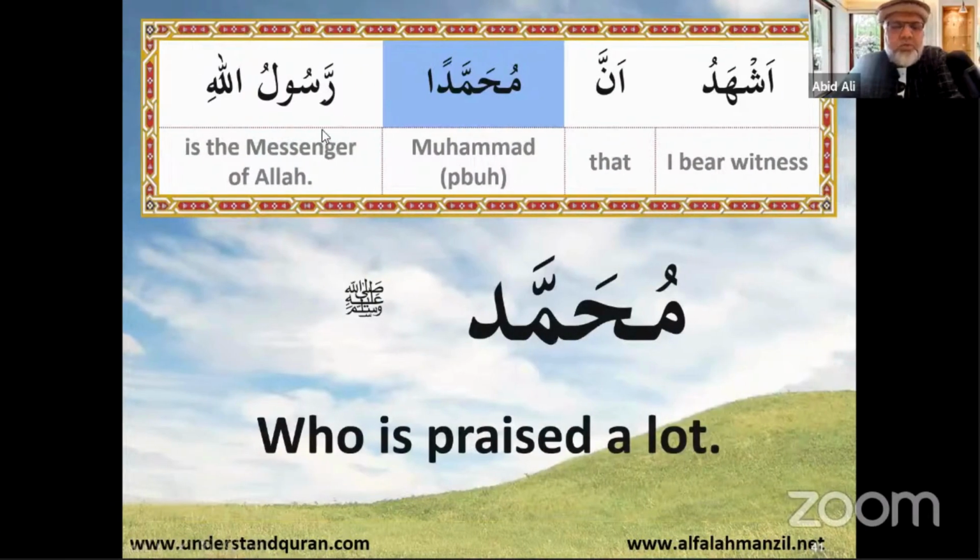Ashhadu anna Muhammadur Rasulullah. What is the meaning of that? That I bear witness that Muhammad sallallahu alaihi wasallam is the messenger of Allah. The name Muhammad means the one who is praised a lot. I know most of you know this meaning, that Allah subhanahu wa ta'ala chose such a name for our prophet that no matter which way you use it, it's only about praising.